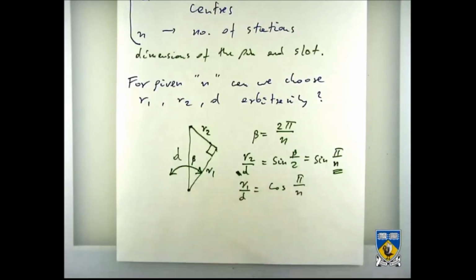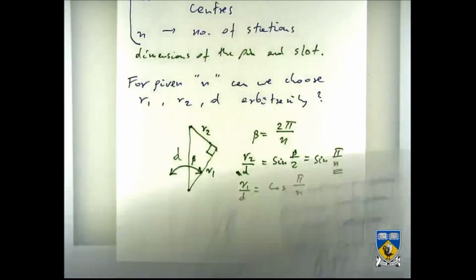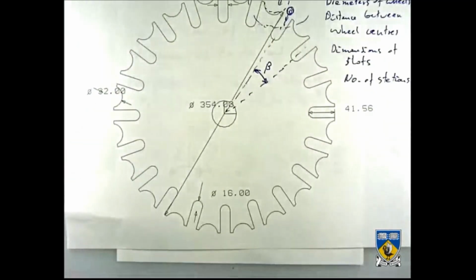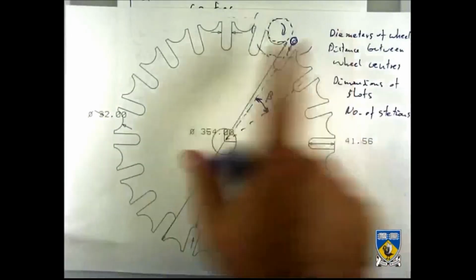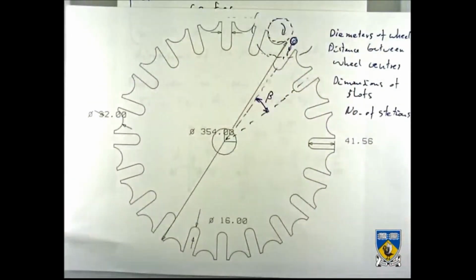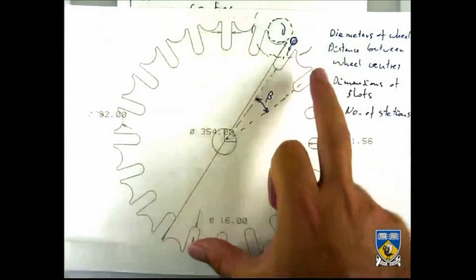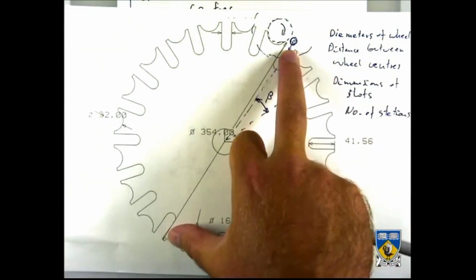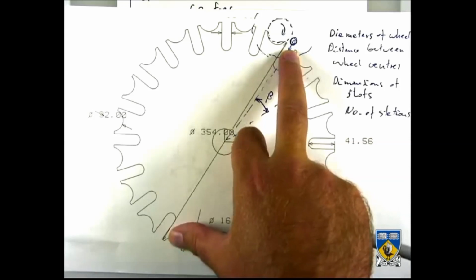So having these equations, of course, we can go back to our case study. If we look at the number of stations and other dimensions, we have the diameter of the driven wheel given, right?